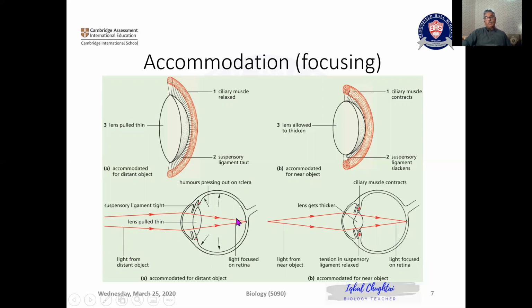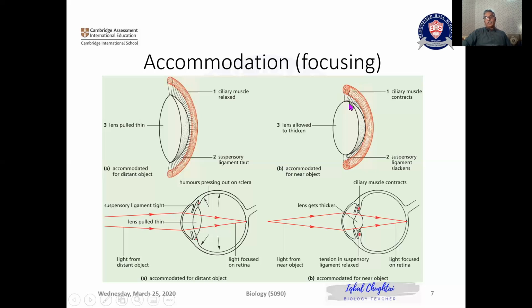At that time, closer objects could be observed, but their image would be blurred. But when we need to focus on closer objects, the ciliary muscle contracts. When it contracts, it moves inward, and it loosens all its pressure on the suspensory ligaments. So the suspensory ligaments become slackened.